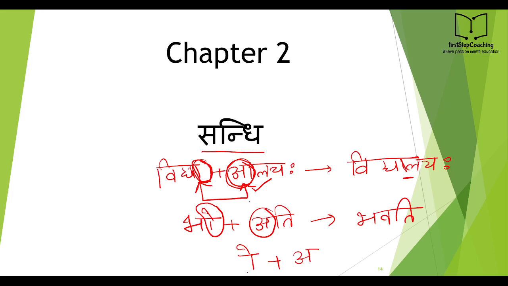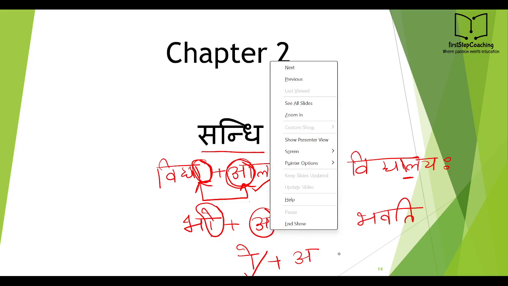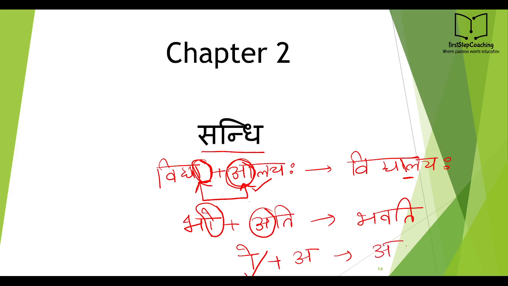Now the change has come in this one. When o ki matra met with a, then it became av, and the word became bhavati. So the change can occur anywhere. It can occur in the first word also, and it can occur in the second word also. I hope it is clear.